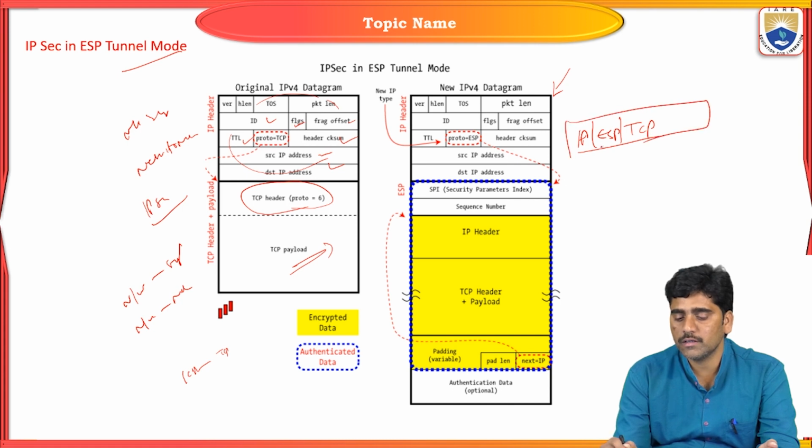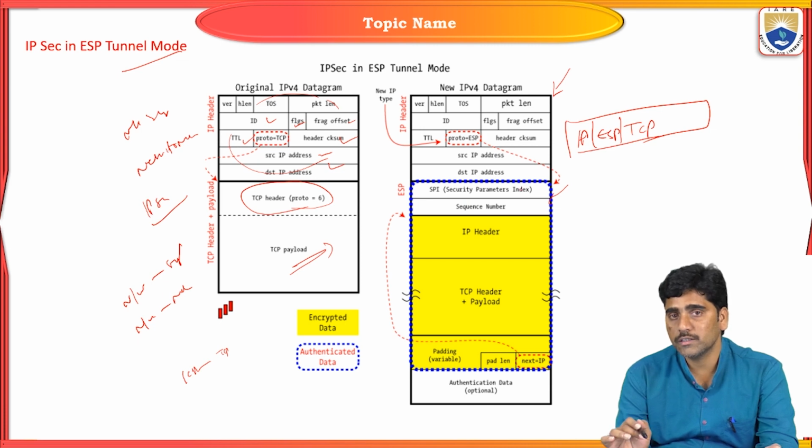The same thing happens in tunnel mode as in transport mode. Here the protocol indicates ESP, and it points towards both the ESP header and the ESP trailer.